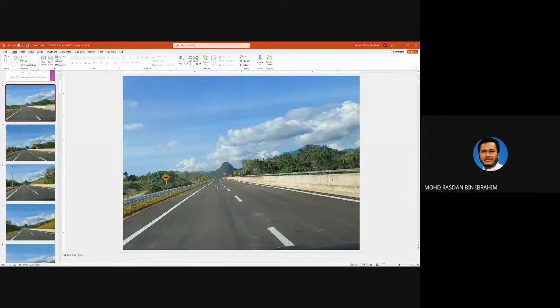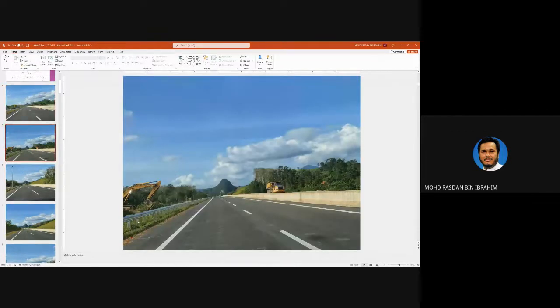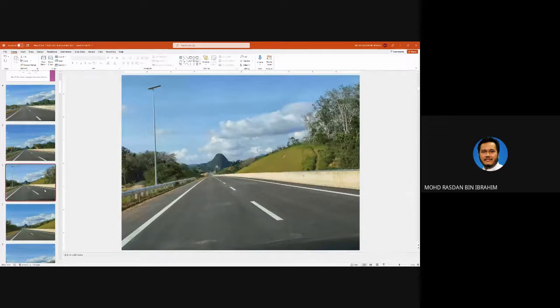So you can see that we are heading up, and we cannot see the road in front of us. When we travel further, you start to see the lamp post, the light post here. Then you can only see part of the road. Another small section of the road is still hidden. So this is what we call sight distance lah.